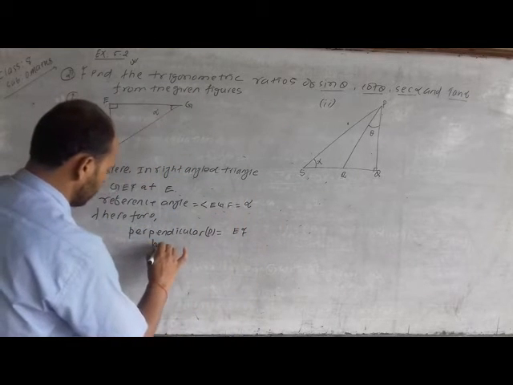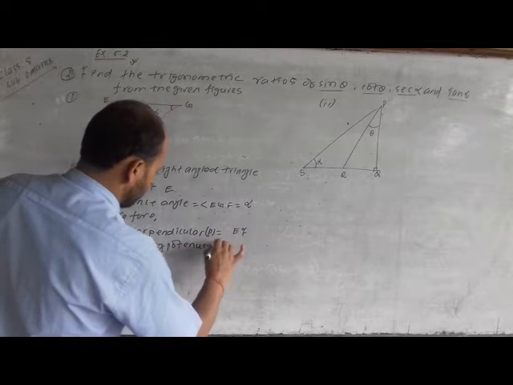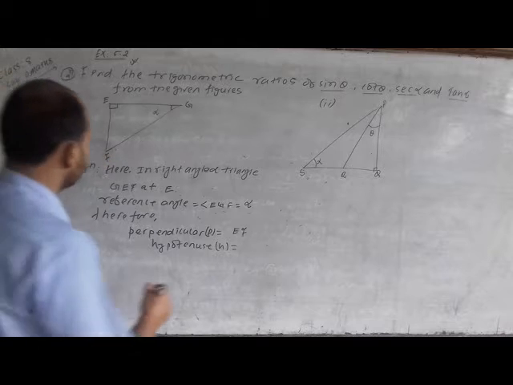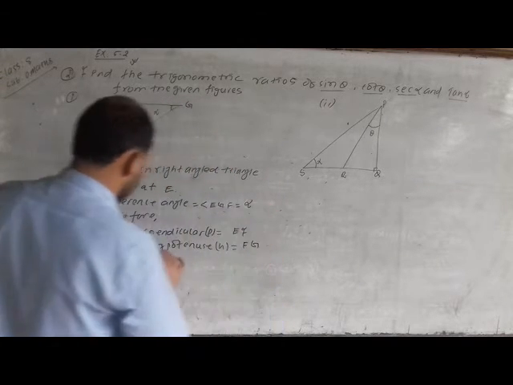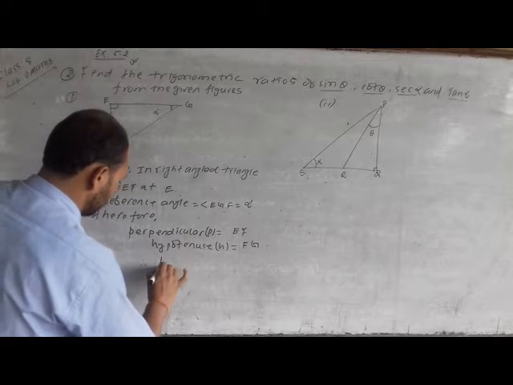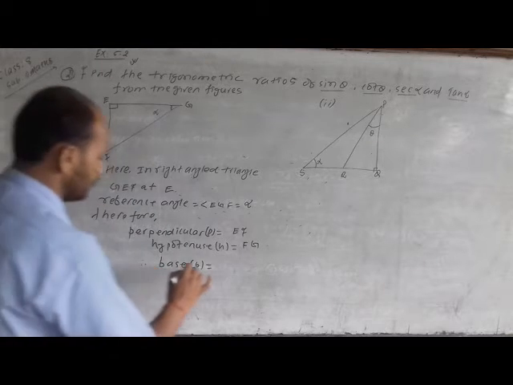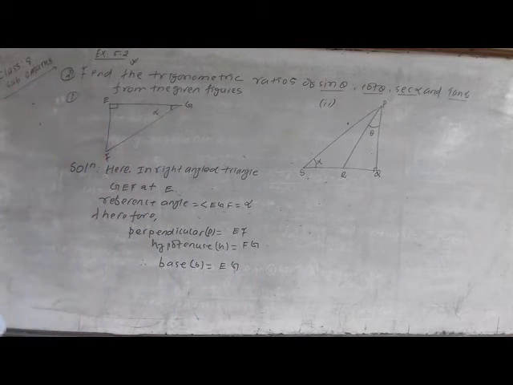And hypotenuse H is equal to, you know, the side which is opposite to 90 degrees represents hypotenuse. This is FG. Therefore, B is equal to the remaining side. My dear students, first you should identify perpendicular, base, hypotenuse.